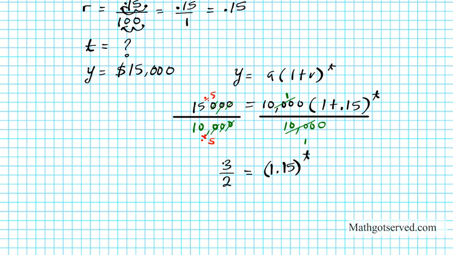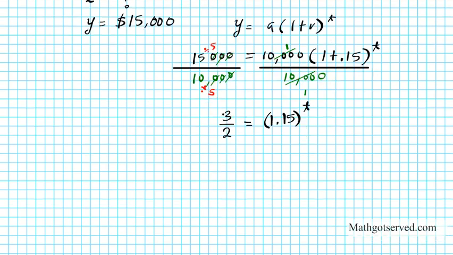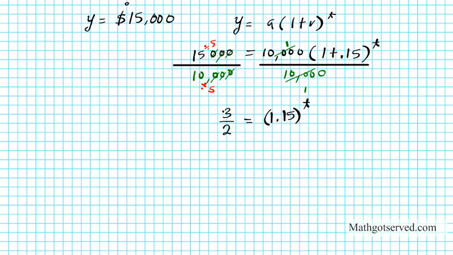Alright, now I need to power down this exponent. In order to power down any exponent, I need to have it written in logarithmic form. Okay, so I'm going to take the natural logarithm of both sides. The natural logarithm of the left side, 3 over 2, and the natural logarithm of the right side. Why am I taking the natural logarithm of both sides?